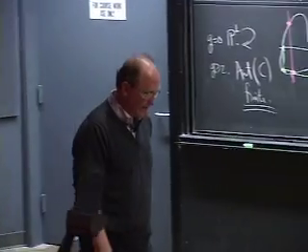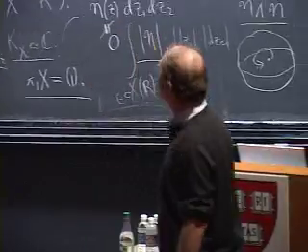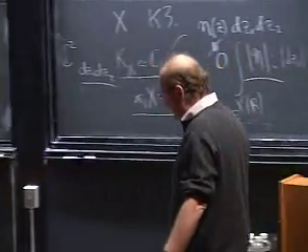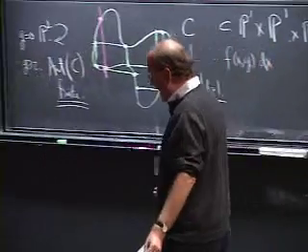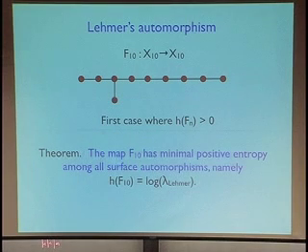And indeed, these special subgroups of finite order within the Cremona group were studied very classically. But people were interested in the finite order ones, and so they stopped when they got to E8. But what happens if you boldly continue to E9 and even to E10? Well, when you get to E10, you will find Lehmer's automorphism. This is an automorphism of the blow-up of the projective plane at 10 special points.